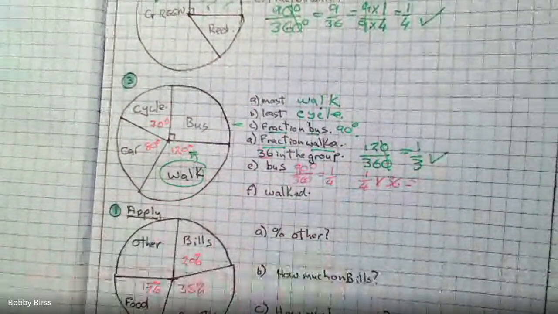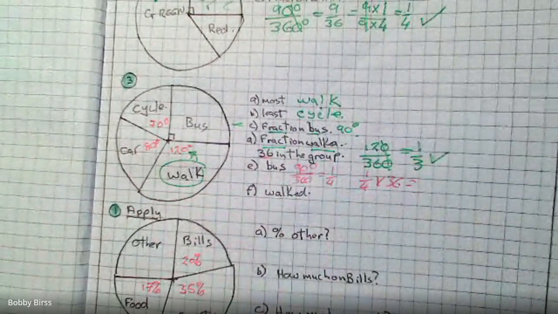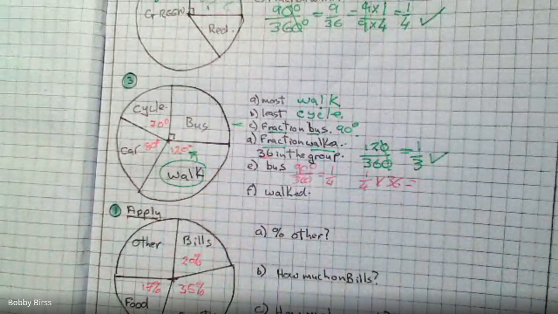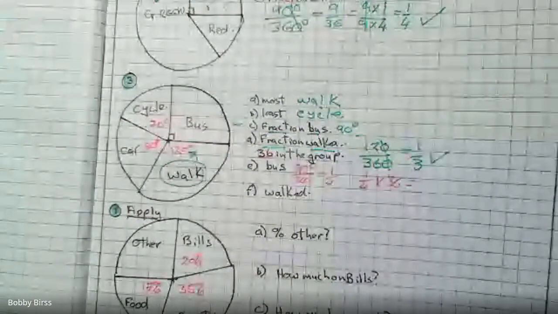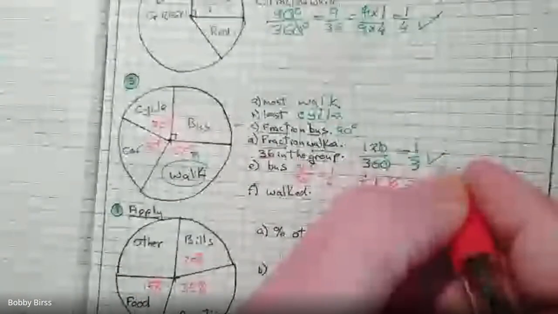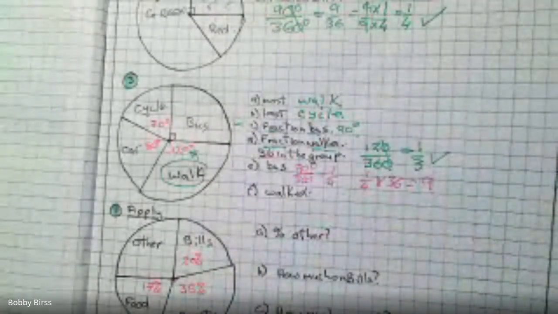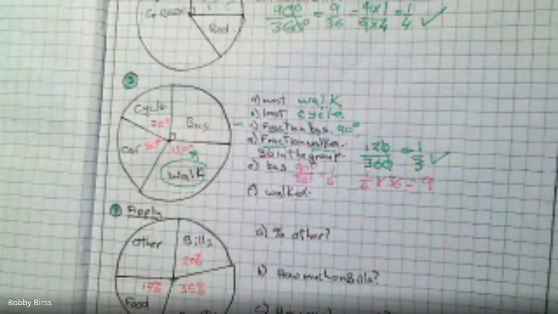Anyone tell me what 36 divided by 4 is? It should be 9. So Bobby's answered his own question there. So there are 9 of the kids out of the 36 who went to school by bus.